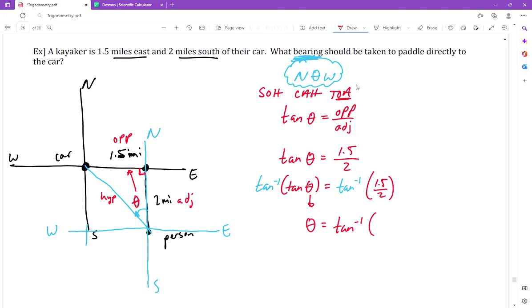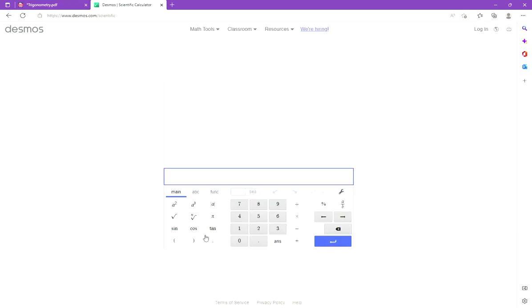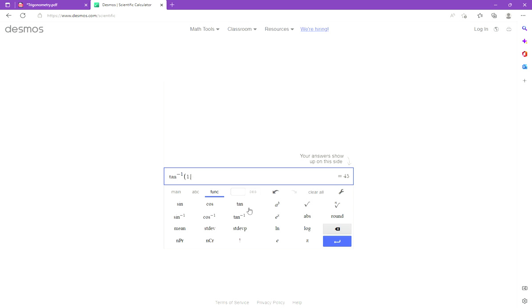And if we couldn't use a calculator, that's as good as it gets. However, I'm going to assume that this is an application. Usually we're allowed to use a calculator, so I'm going to go to Desmos. Boom, here it is. Okay, and then I'm just going to type that in. It's in the function menu, tangent inverse, 1.5 divided by 2.